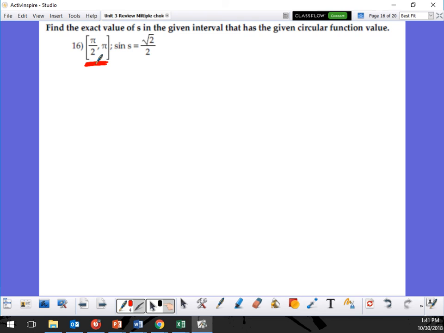So in between those two fingers, you're going to be in what quadrant? Quadrant 2, right? Now, look at all the signs. Sine is which value? Y. Look at all the Y values right now and find where it's going to be. It's 3 pi over 4, very good.